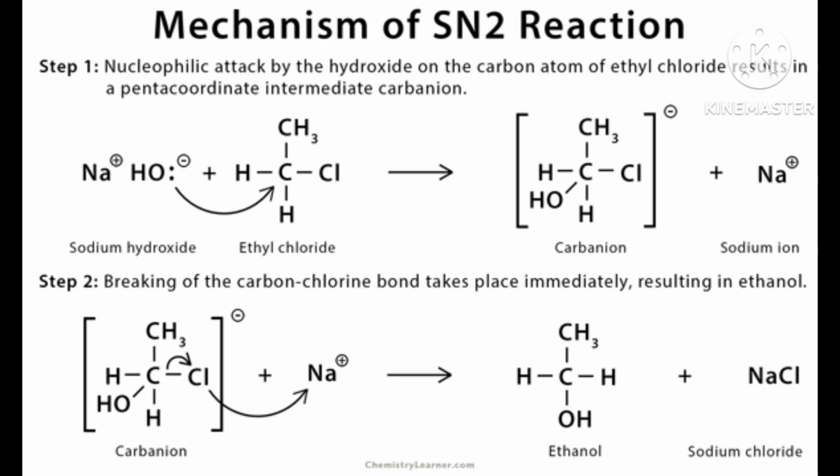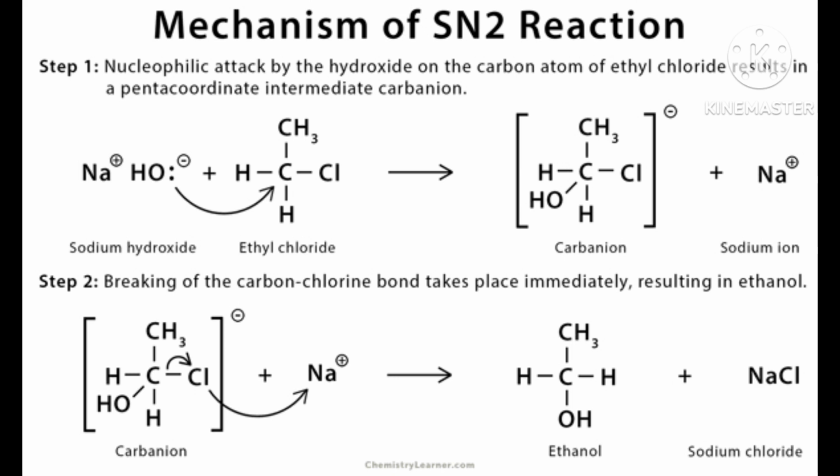In one I is attached and the number of carbons is the same, 4 in both cases, but in the second Cl is attached. Now you tell me, which SN2 reaction will be faster?